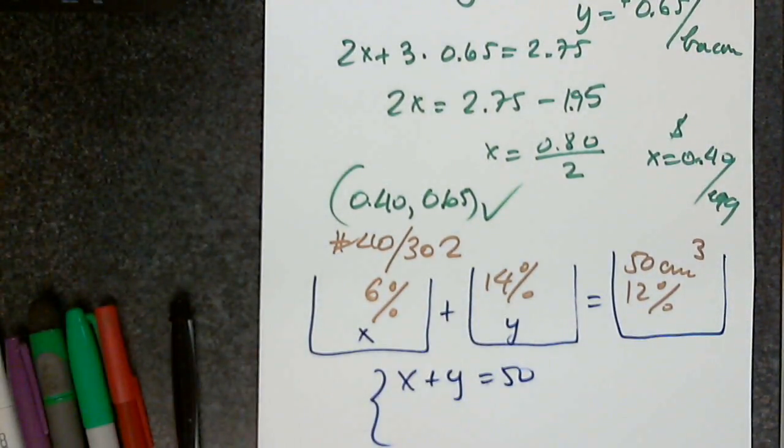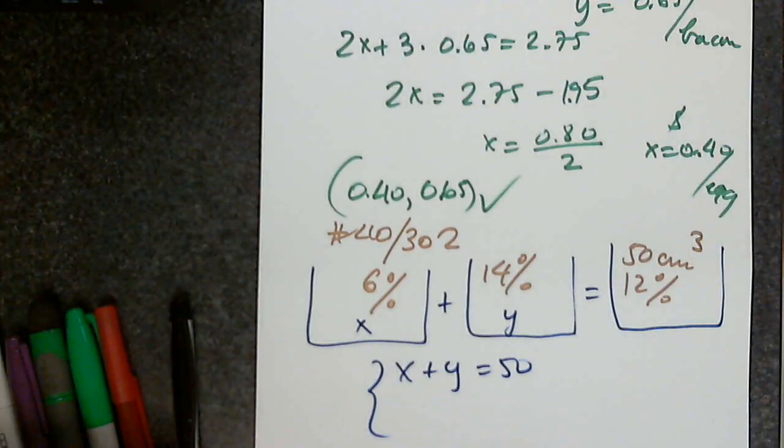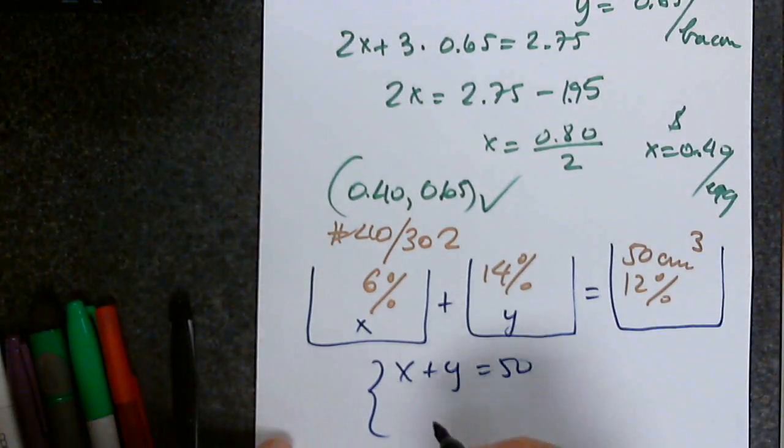Cubic centimeters plus cubic centimeters equals cubic centimeters. Consistent equation. Excellent. Second one. 0.06x.